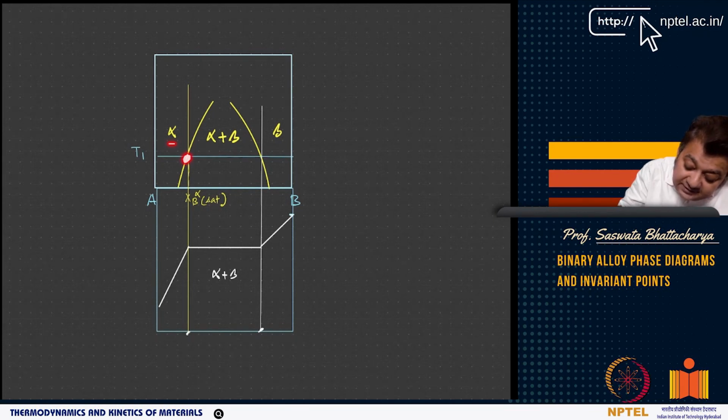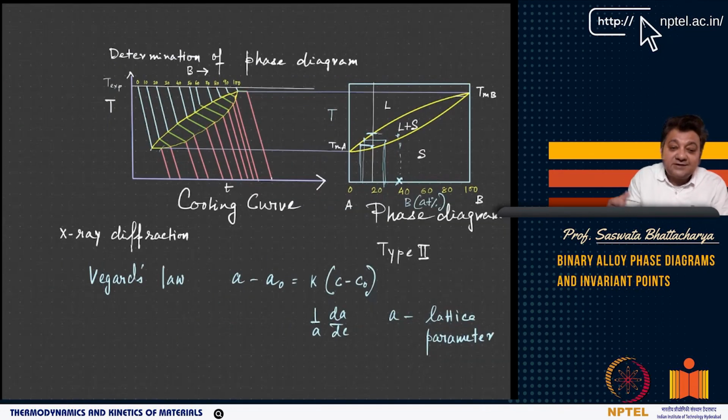Now, as you can see, there is a continuous change in the content of B. As B atoms are introduced into A in the alpha solution, the outcome is a composition dependence of the lattice parameter.